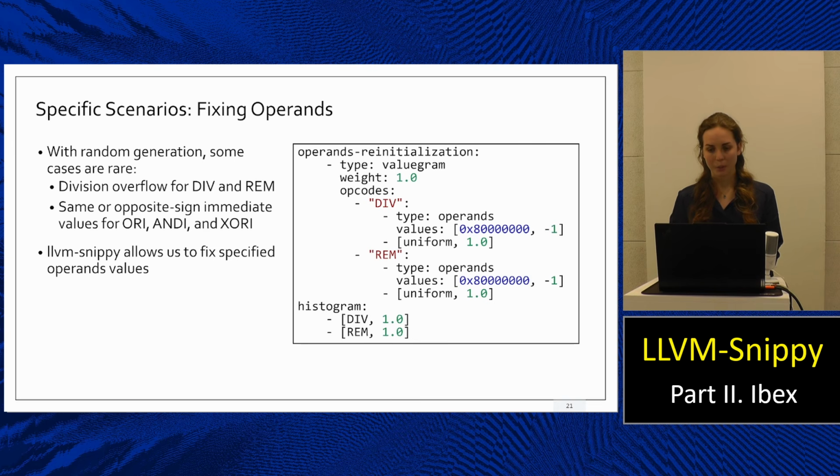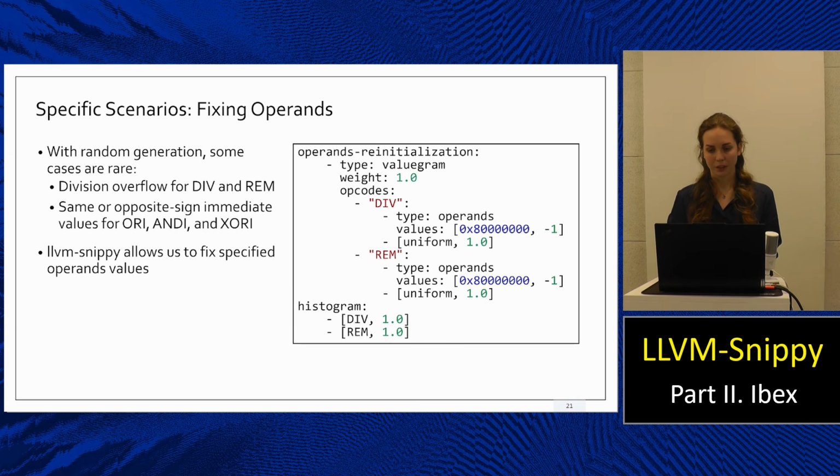Interesting cases appear when the register value and the immediate have opposite signs. For such situations, LLVM-snippy provides operands reinitialization. We do not rewrite the whole test by hand. We tell the generator that for certain instructions, these operands should be substituted.